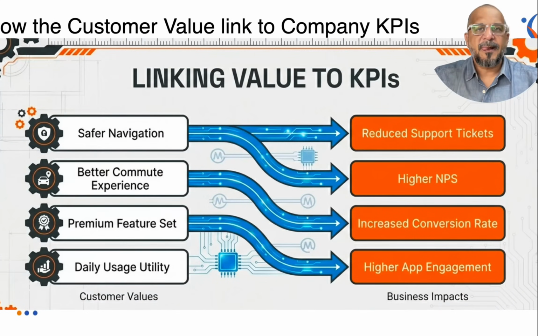All right. So then what we do is we start linking the customer's value to the company's KPI. Okay. And let's think about it for a minute, right? So you delivered Google Maps to customers.